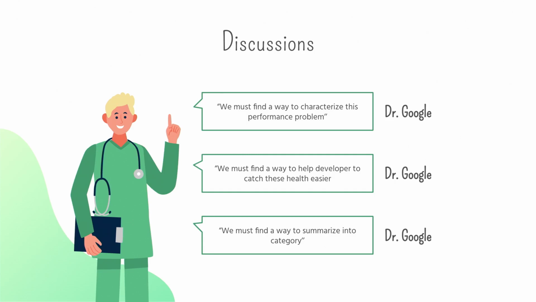And that's why in 2020, Google decided to integrate 3 new metrics into their performance metrics tools. And in 2021, these metrics were integrated under the name of Core Web Vitals.